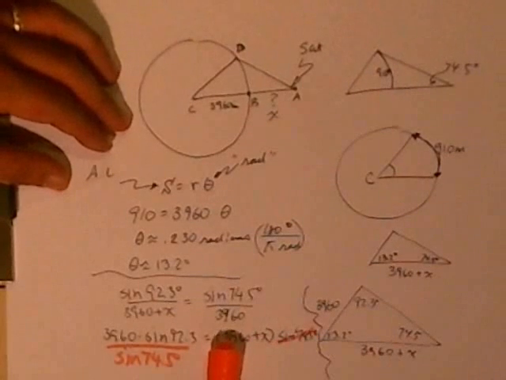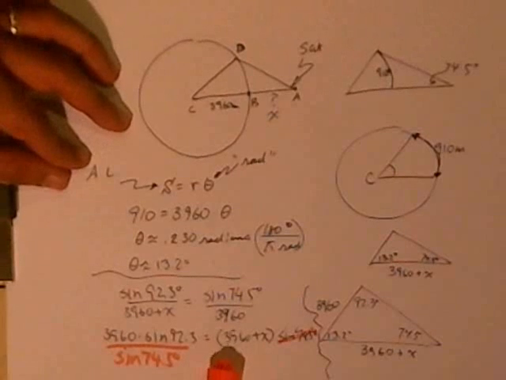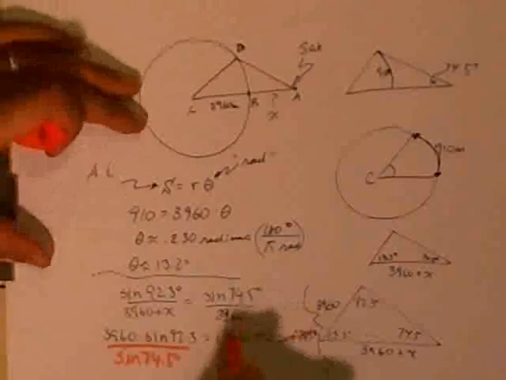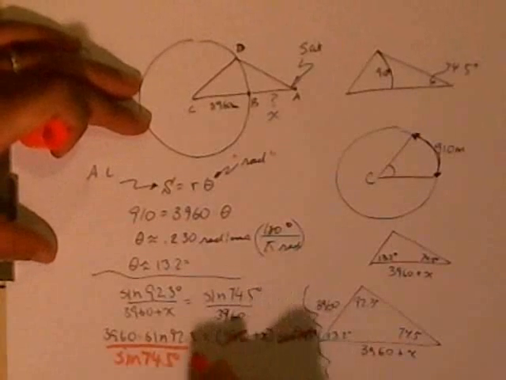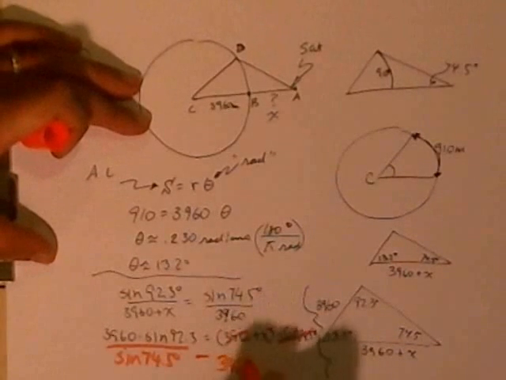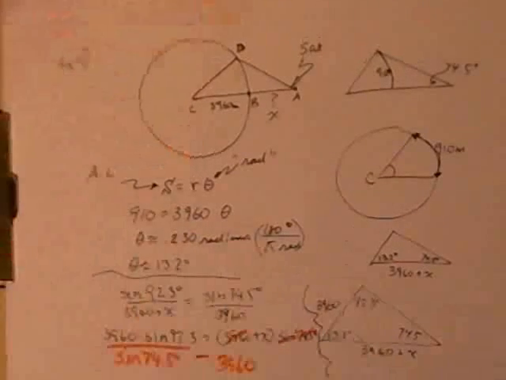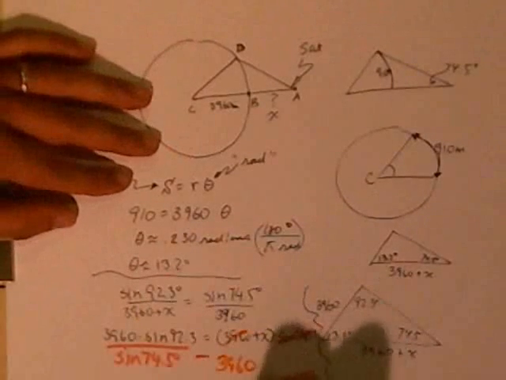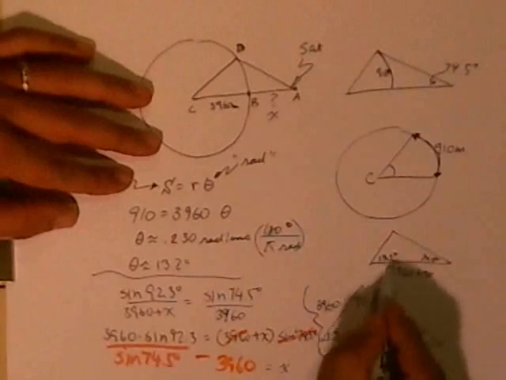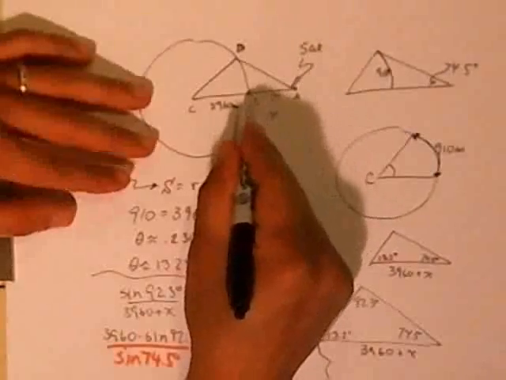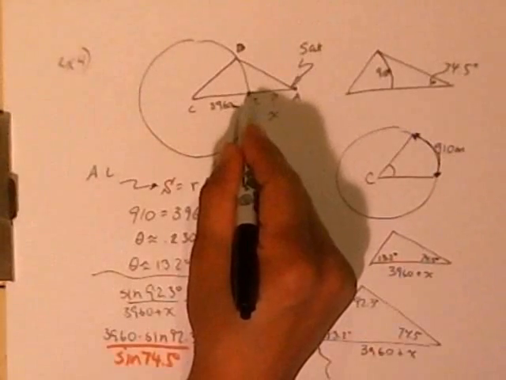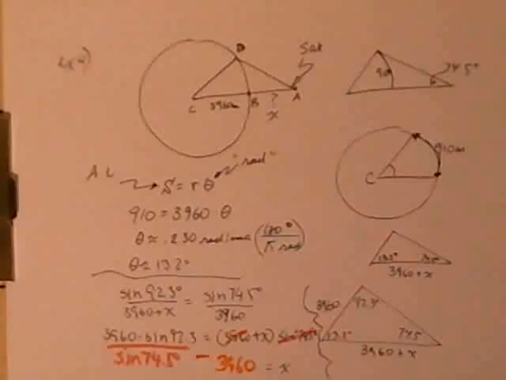So I end up with 3960 plus x is equal to that. How do I solve for x right here? I subtract 3960, and you end up with x. How far away from the Earth is the satellite? The edge of the Earth to the satellite. That's the distance that we're looking for.